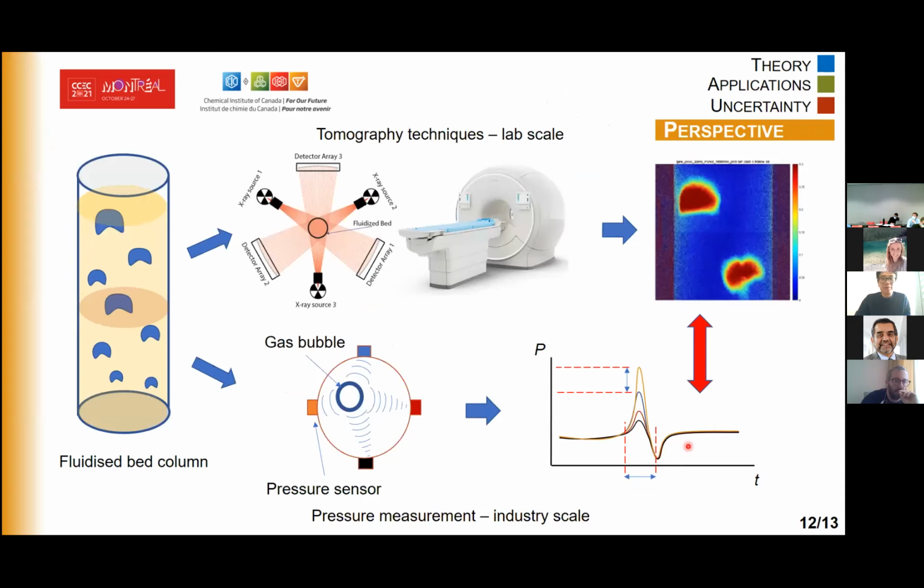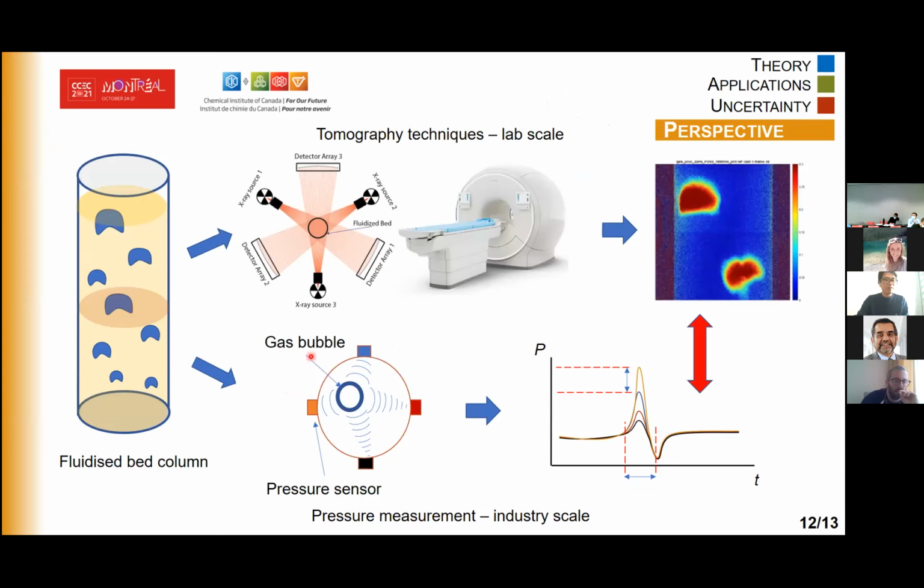Right, so measuring pressure is already routine and robust for industrial applications, but understanding these pressure fluctuation signals is still really difficult, especially mapping them to the corresponding hydrodynamic events.